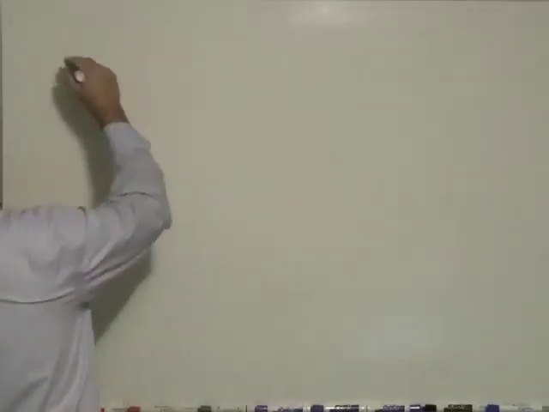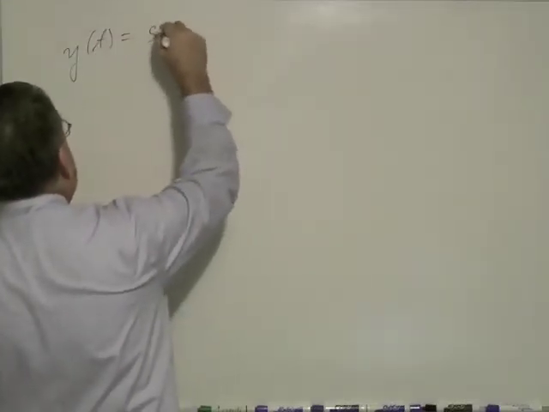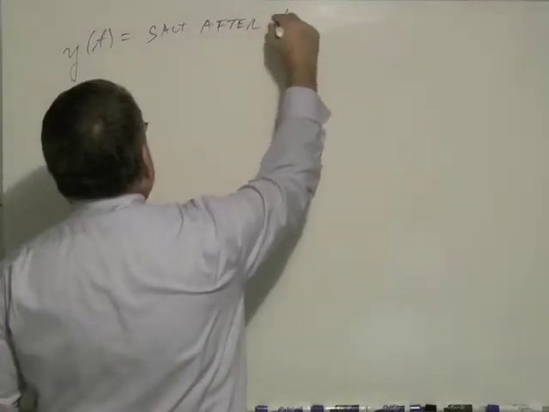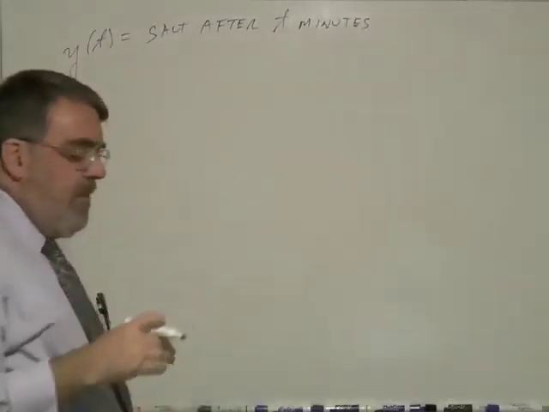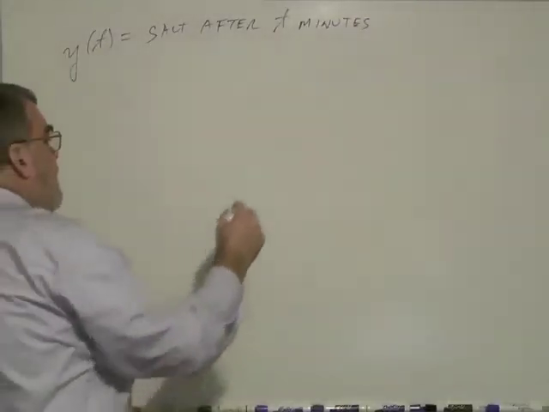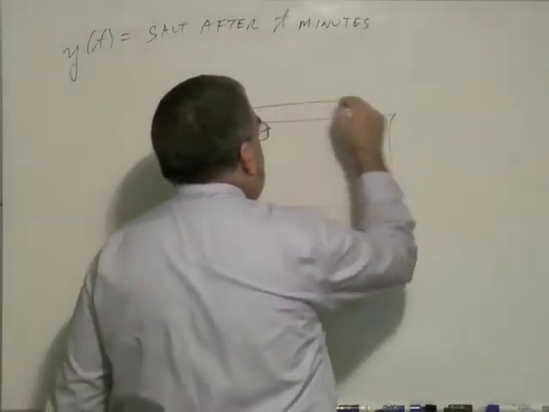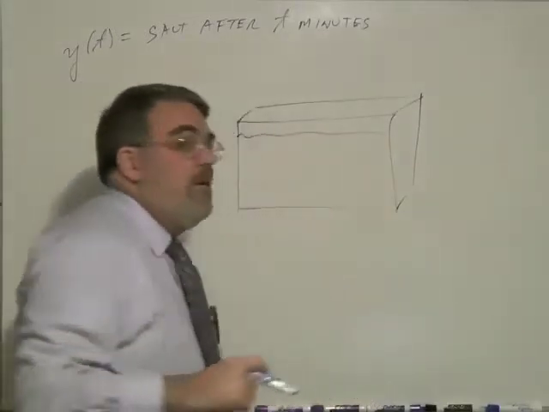So, first of all, we need a function. What are we trying to solve for? I propose that we let y of t equal the salt after t minutes. All right, and now our tank, and I like to draw these little pictures. I don't know if this is all that helpful, but here's our tank, and initially it contains 100 gallons.